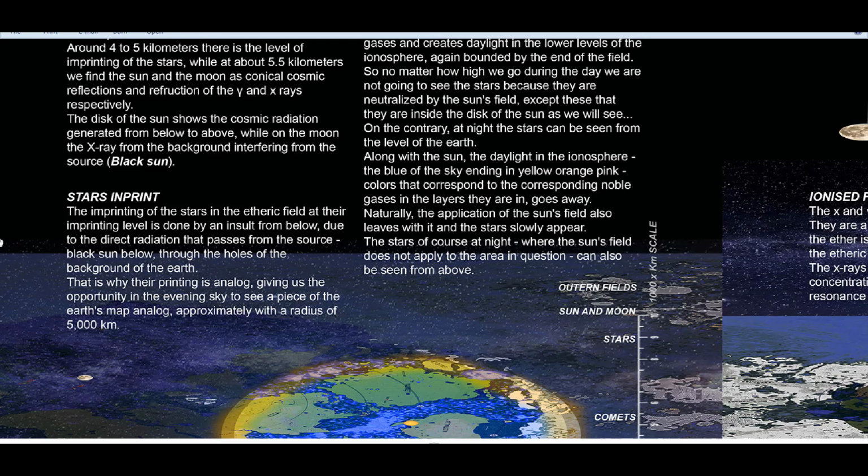That source of electromagnetic energy comes from below upwards. It goes through the holes of the background of the Earth and imprints the stars in the sky, in the etheric field. That is why their printing is analog, giving us the opportunity in the evening sky to see a piece of the Earth's map analog approximately with a radius of 5,000 kilometers.